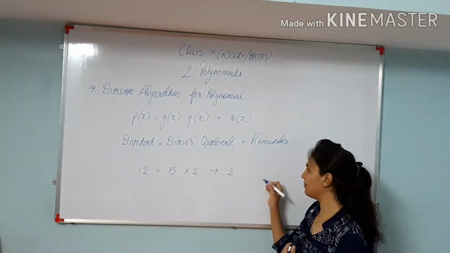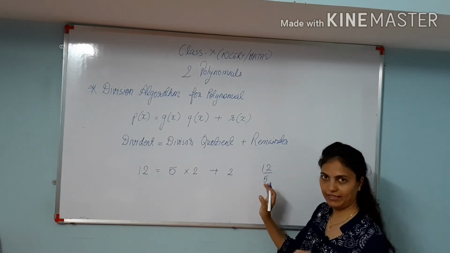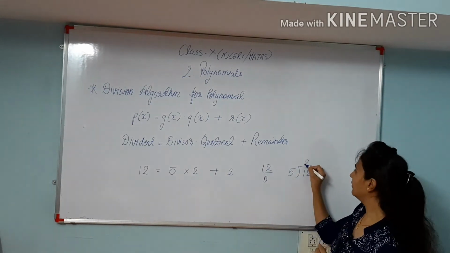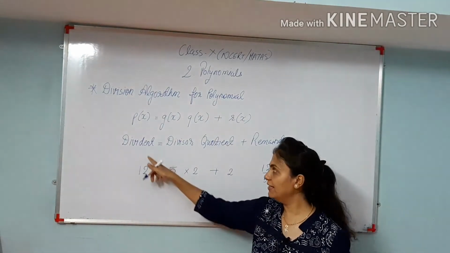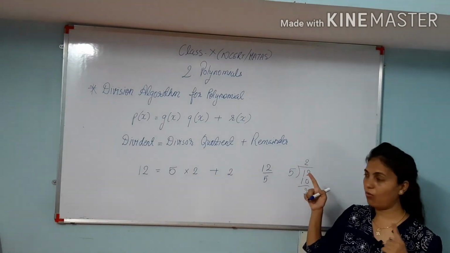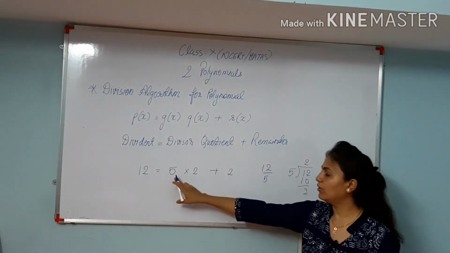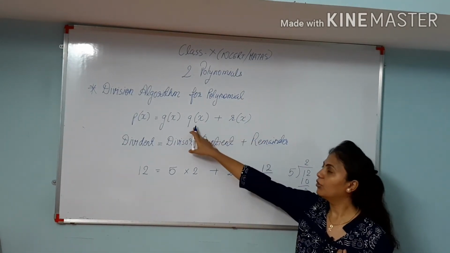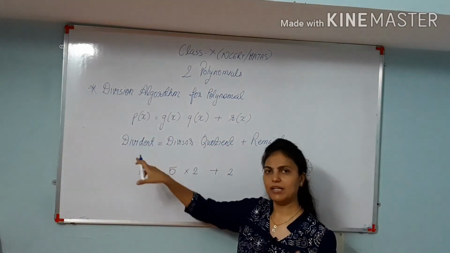Now let's understand how this came. If we have 12 and we divide it by the divisor 5 like this, what do we do? We do simple division. 5 2s are 10, remainder 2. So simply, 12 is the dividend, 5 is the divisor, 2 is the quotient. The upper one is called the quotient and the lower one is called the remainder. That you all know. So to remember it very easily, R for R, that is remainder, Q for Q, q(x) is the quotient, and g(x) is the divisor, and the dividend always comes first.